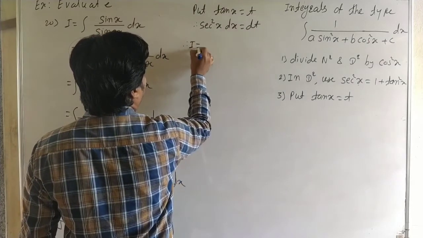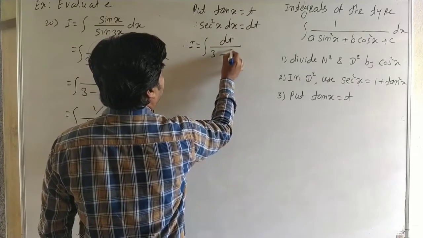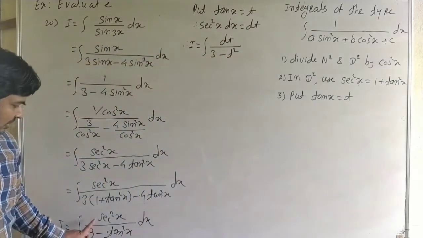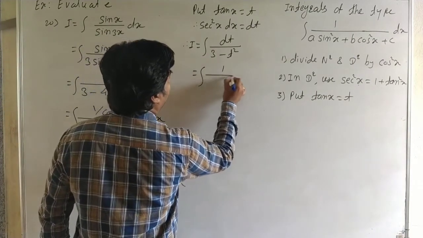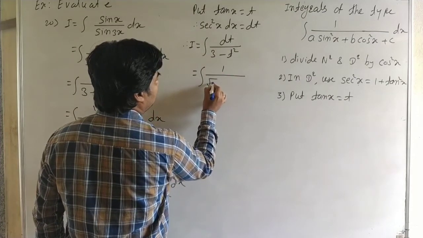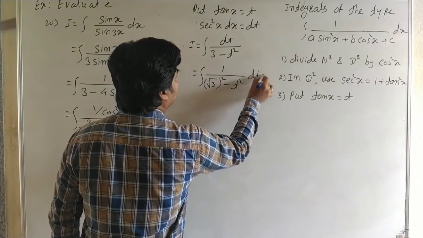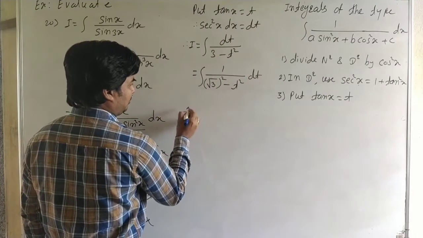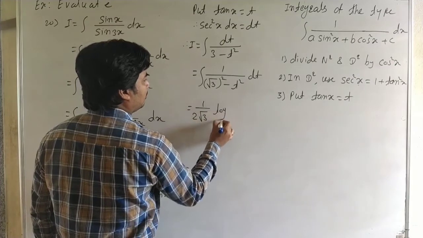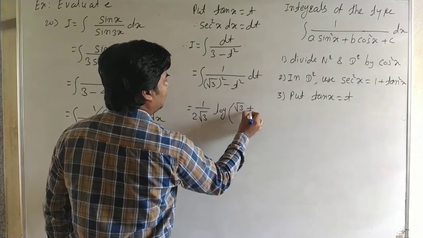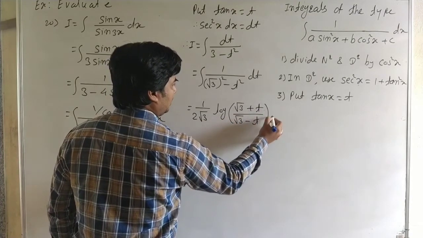And now the integral is dt upon 3 minus t square. See carefully. It is dt and it is 3 minus t square. And then 1 upon (under root 3) square minus t square dt. It is 1 upon a square minus x square, and the formula is 1 by 2a log of (a plus x) upon (a minus x) plus c.